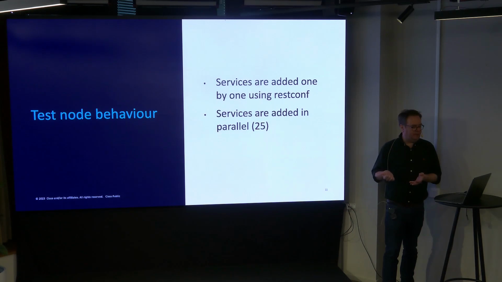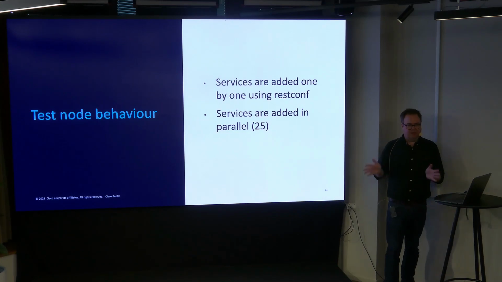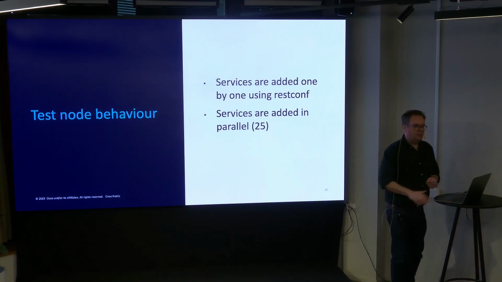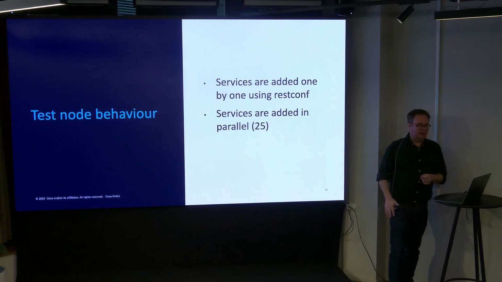But when we have added the services one by one, we are adding them in parallel. We add 25 services at a time, and then we wait until we get the plan state change notification that the service is up, and then we add the next one. Are these services written in Python or Java? It's Python.